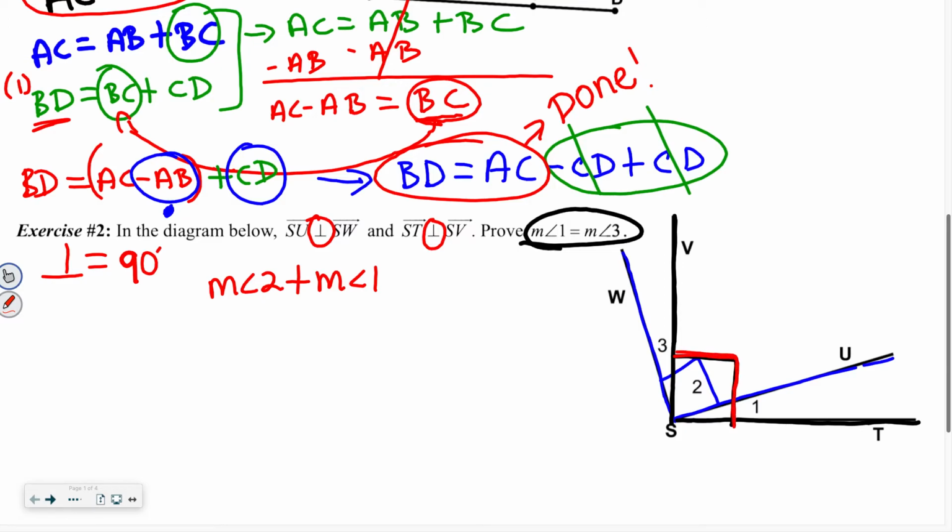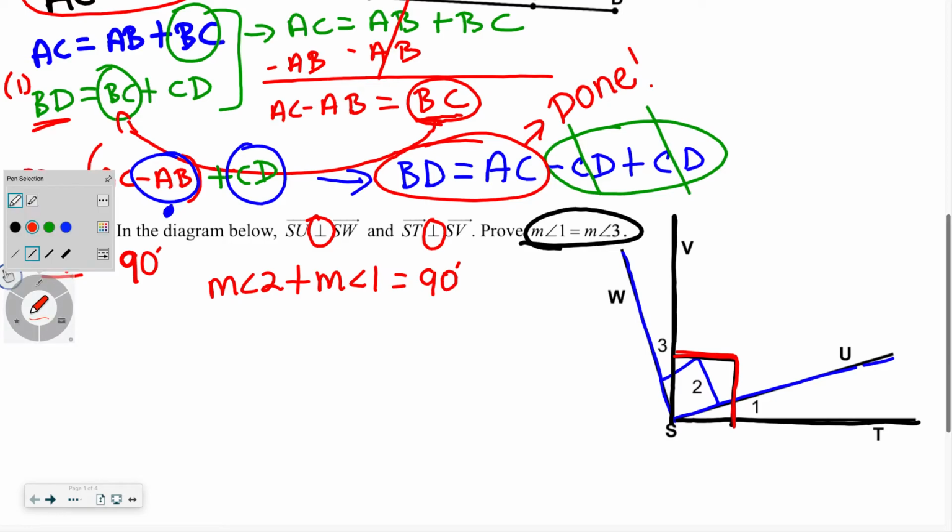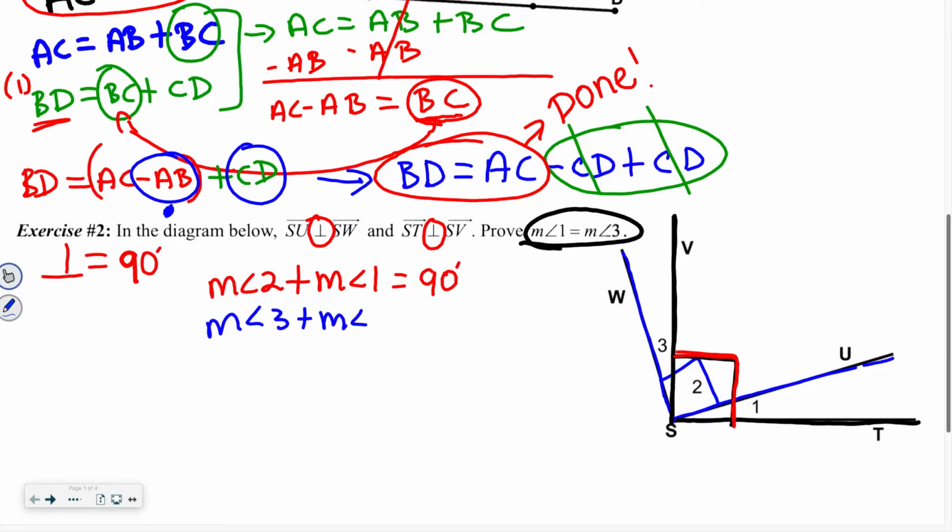Angle 2 plus angle 1 is equal to 90 degrees. And I also know that the measure of angle 3 plus the measure of angle 2 is equal to 90 degrees. And it's right here. 3 plus 2 is 90.